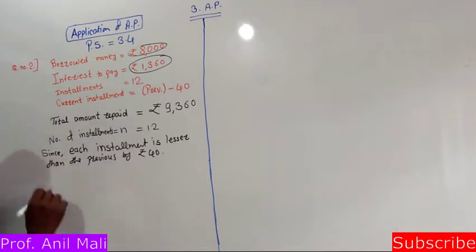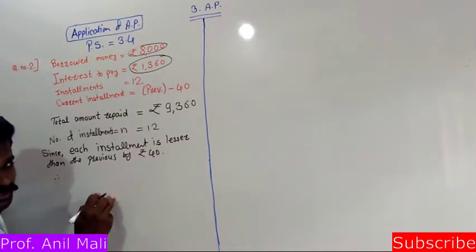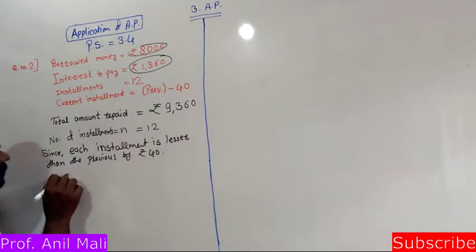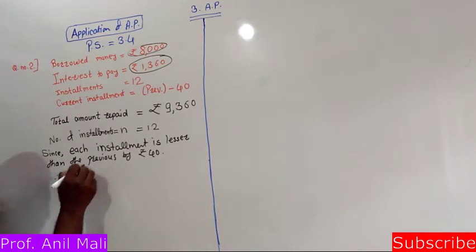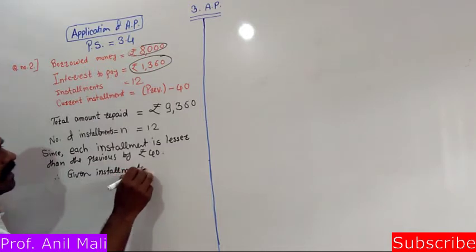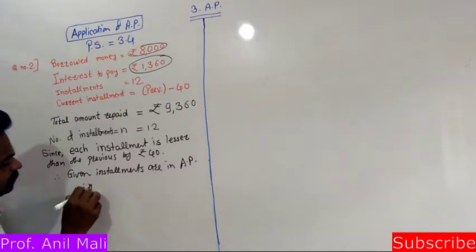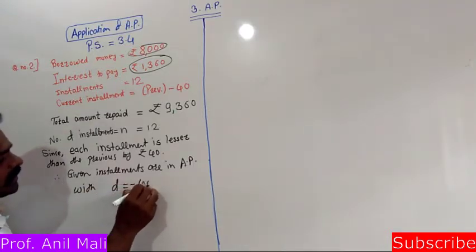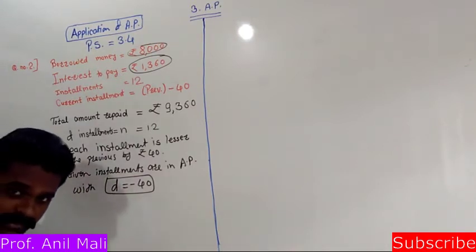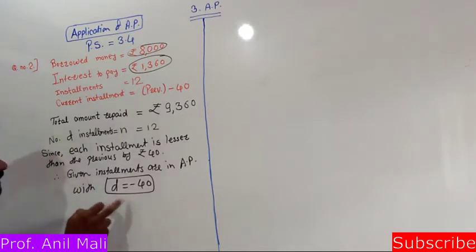Therefore we can write here, the given installments are in arithmetic progression with common difference d equal to minus 40. How? Because every time the installment is going to be reduced by rupees 40. That's why d is equal to minus 40.